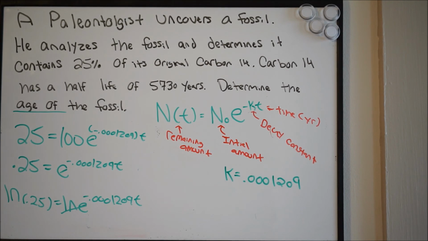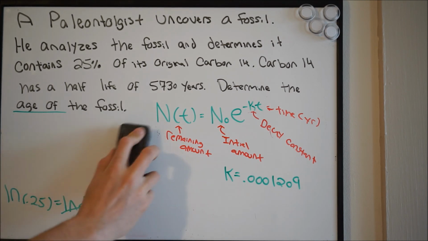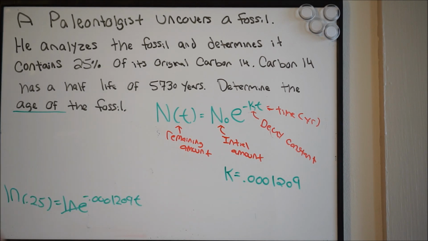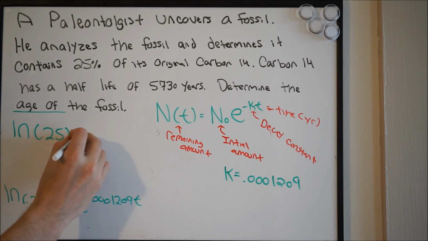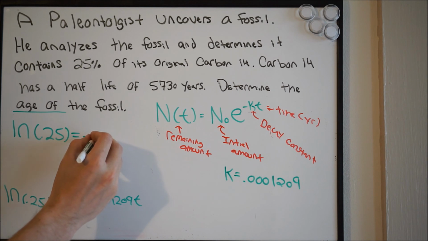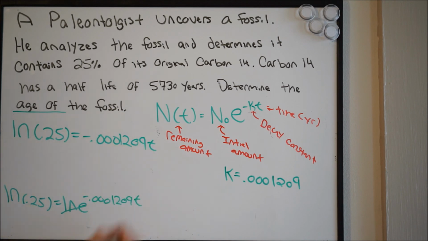Okay, so now that we got it to cancel out, I'm just going to simply rewrite this so I have more room to work. Okay, so we're going to erase this top part here. And let's put what our remaining values will be. So we'll have ln of 0.25 equal to negative 0.0001209t. All right, and now you're simply just going to divide both sides by this number here. So let's go ahead and do that.